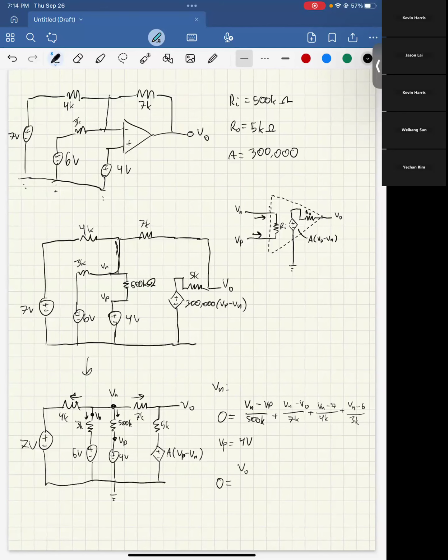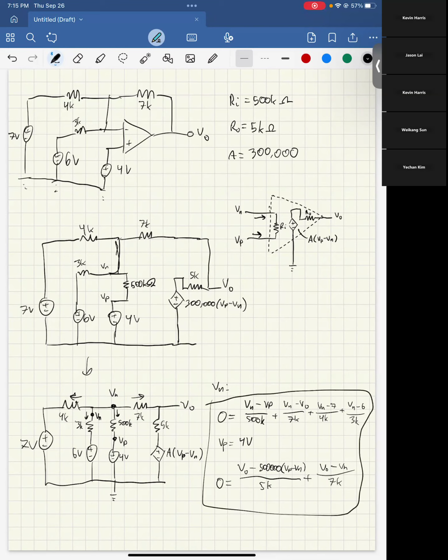So we're going to have V out minus that 500,000 times Vp minus Vn over 5K plus that V out minus Vn over 7K. And these three equations would be your final answer for this question.